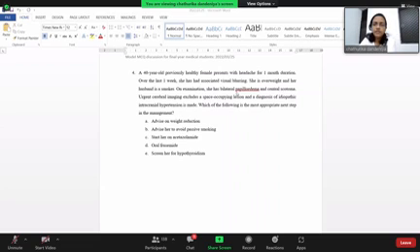Okay, that is what it means. So if there is any increase in the intracranial pressure, the cerebrospinal fluid pressure would also go up, because the cranium is an enclosed space.